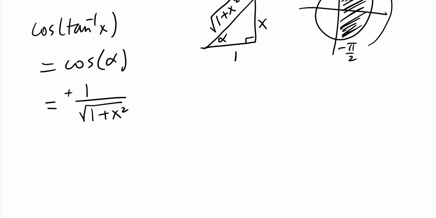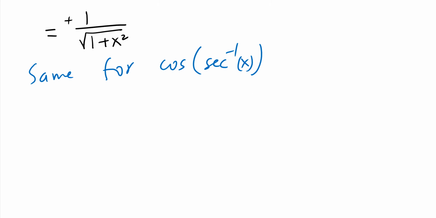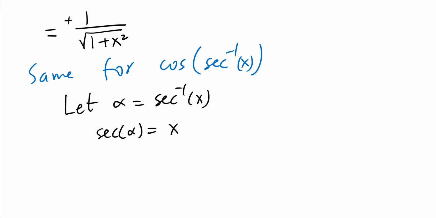Okay. Let's try to do the same for cosine of secant inverse of x. They all follow the same procedure. Let alpha equal secant inverse of x. This means secant alpha is x, which means x over 1.